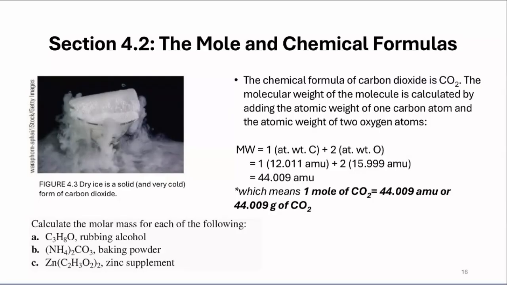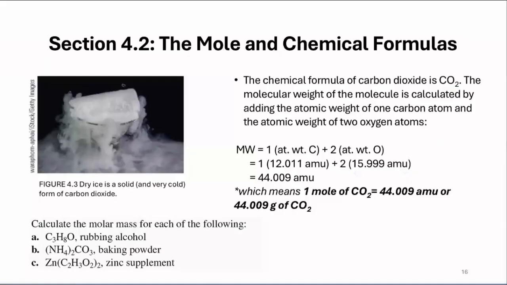So if we take, for example, CO2, CO2 is composed of one carbon, and this is the atomic mass of carbon. You can see that the unit is AMU for atomic mass unit. And in CO2, we have two oxygens, and this is the atomic mass for oxygen.